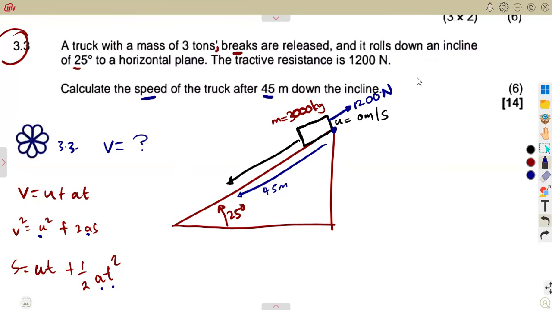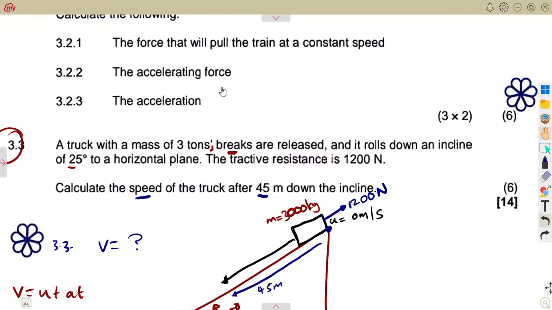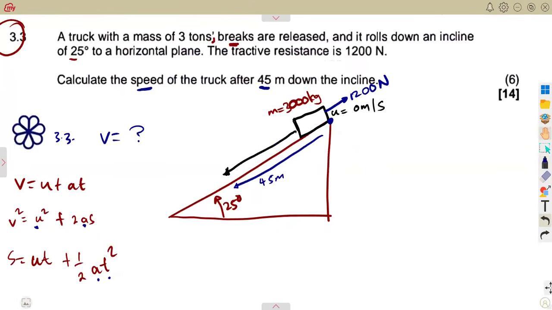Definitely, if we have got the accelerating force, just like previously, you can calculate an acceleration. So in this case, our accelerating force is simply going to be the opposite of what we have, which is, in this case, we are going this side, so we're going to consider our parallel component. This parallel component is opposed by the frictional force on this side.